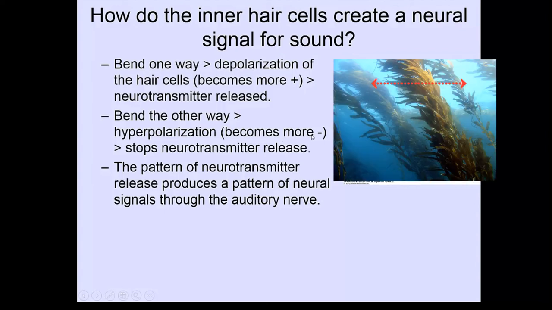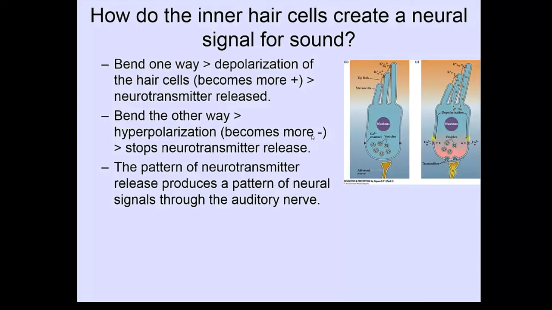Imagine seaweed in the ocean, and a wave comes by, and the seaweed's going to move first, for example, to the right, and during that time, the hair cell might be releasing a lot of neurotransmitter because it's super excited. And then as the wave passes, the seaweed will shift over and now bend the opposite direction to the left. And when it does this, the hair cell actually becomes inhibited. And so we get a repeating pattern of excitation and inhibition as the sound waves go through the basilar membrane.